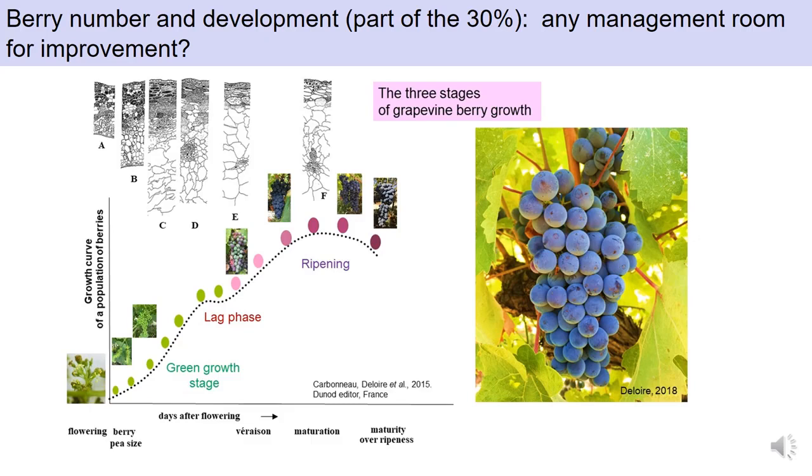Anyway, the main factors which will now affect the volume of the fruit will be water and nitrogen, to make a long story short.